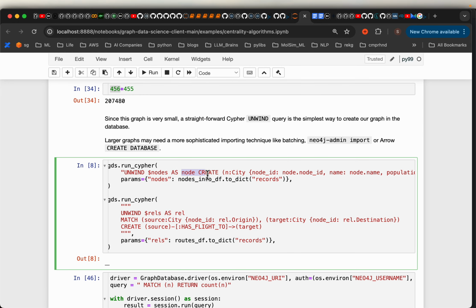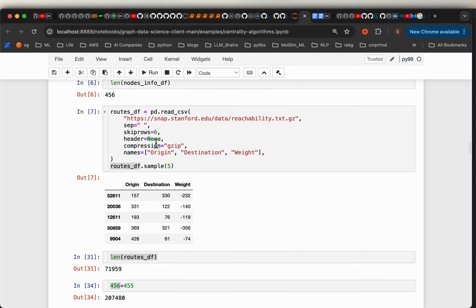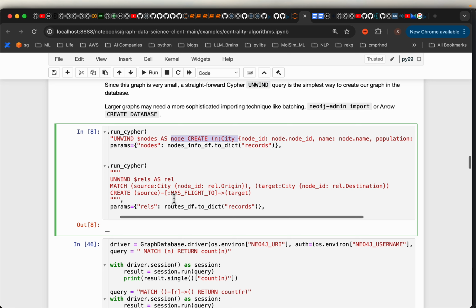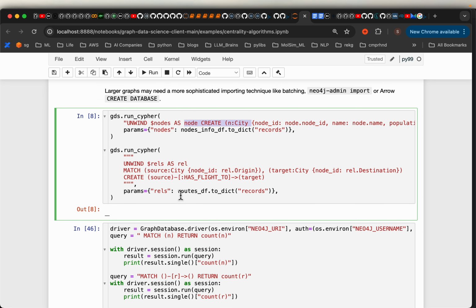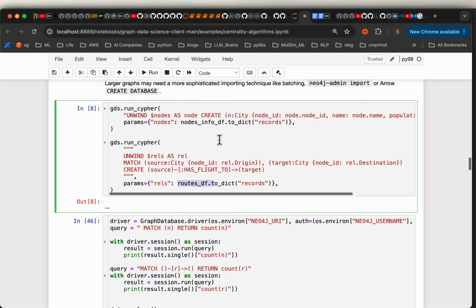So we create nodes using the cities, and we set the properties node ID, name, population. Okay. So from this data set, we just take node name and population. We create city as a node. Okay. And then the relationships. So this time we use the routes data, and we have a source and destination, or origin and destination, right?